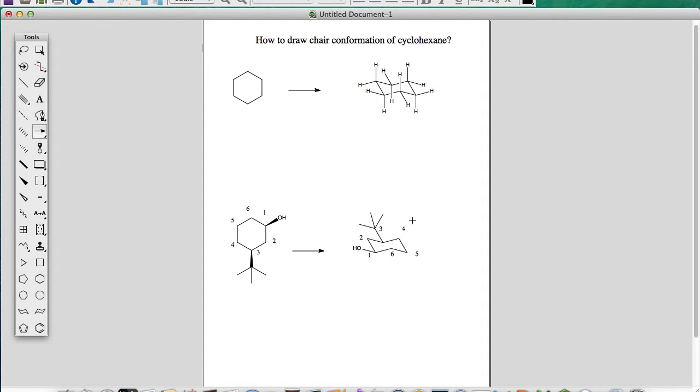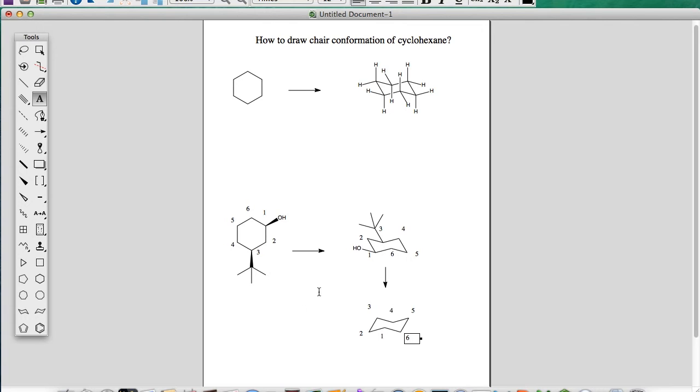Sometimes they're going to ask you in the questions how to flip the cyclohexane ring in chair form. In this case, the carbon that used to be pointing down is now pointing up. So we label it as 1, 2, 3, 4, 5, 6. So this carbon is actually carbon 1 now, because we ring flipped it.